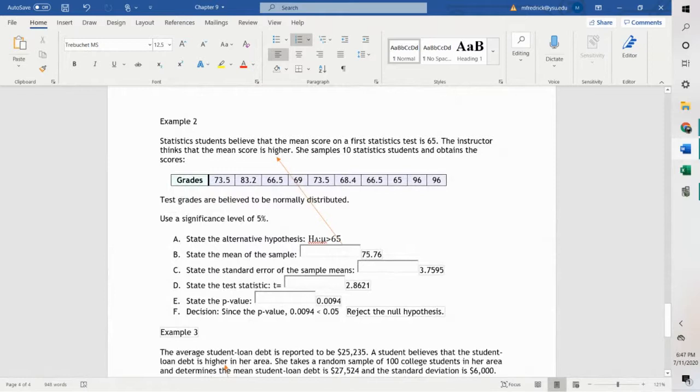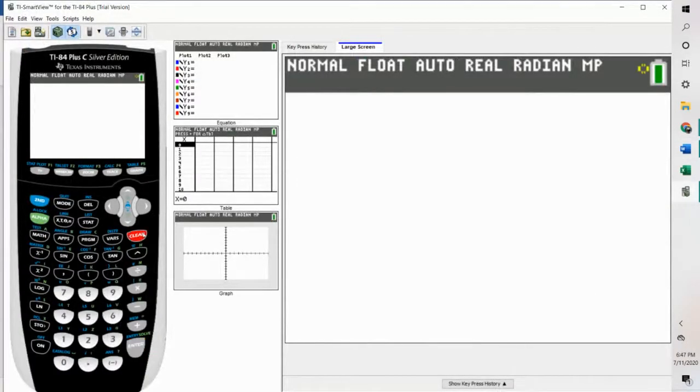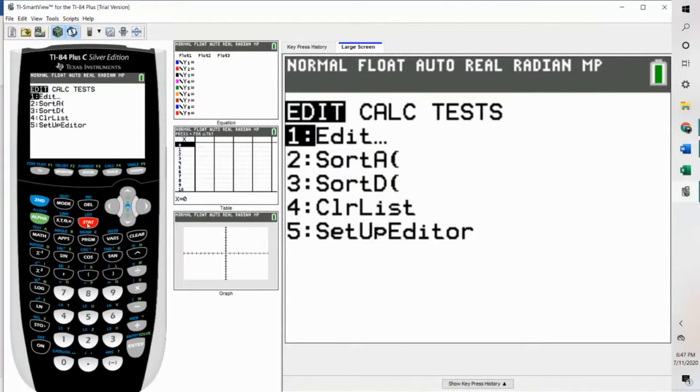On this one, we're given the data. So instead of being the sample mean and standard deviation, you're given the data, so you need to enter that in. So if we go to our calculator, clear our screen, to enter data and go under stat.